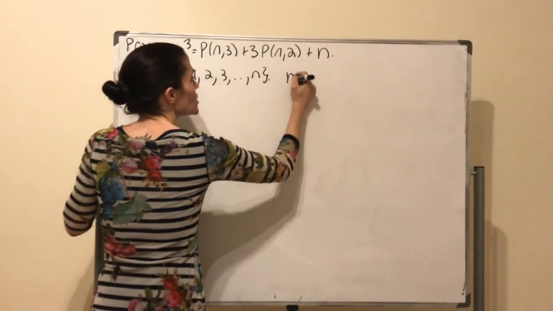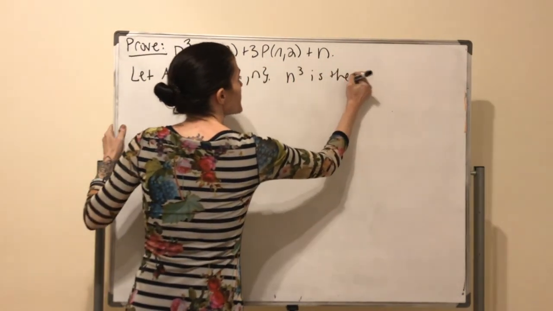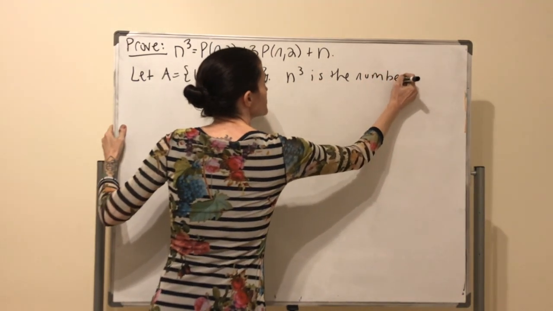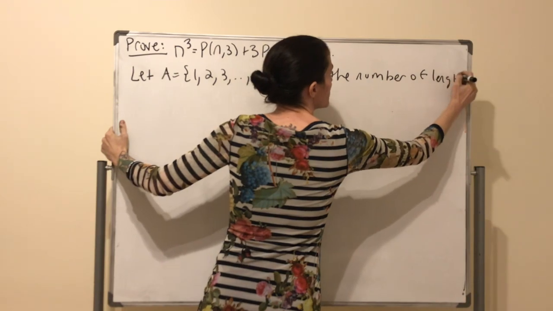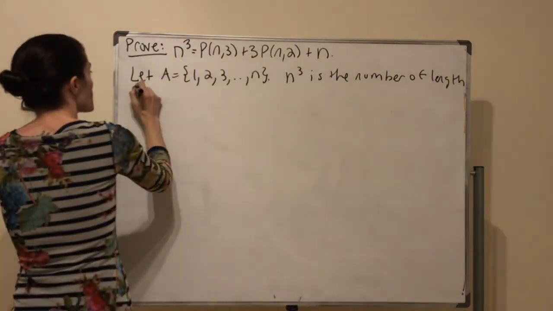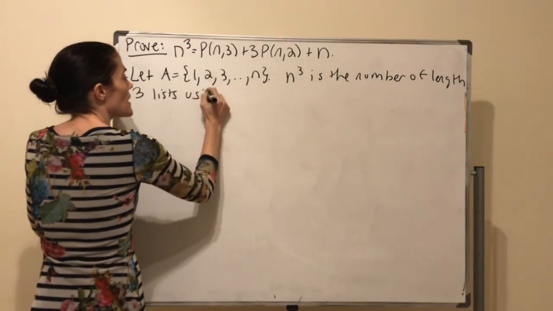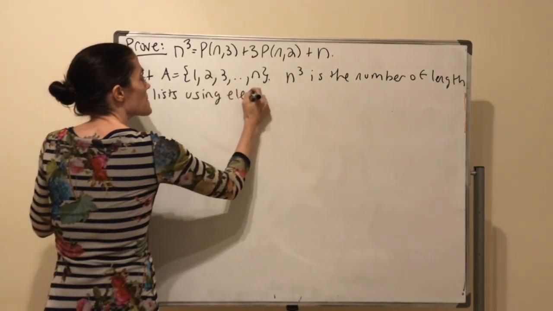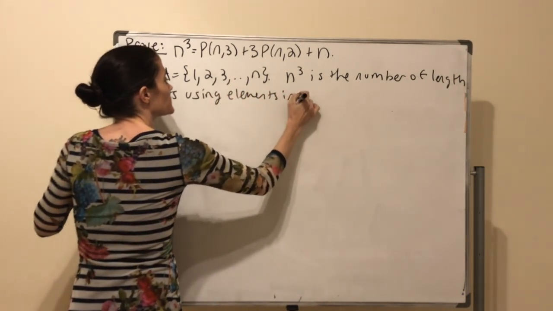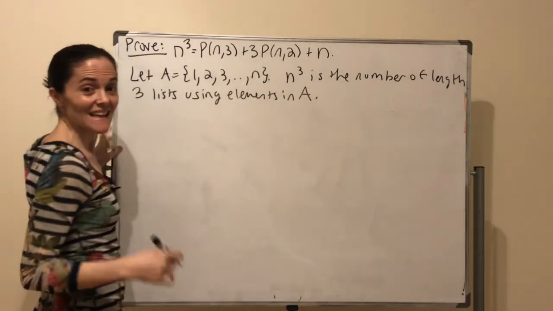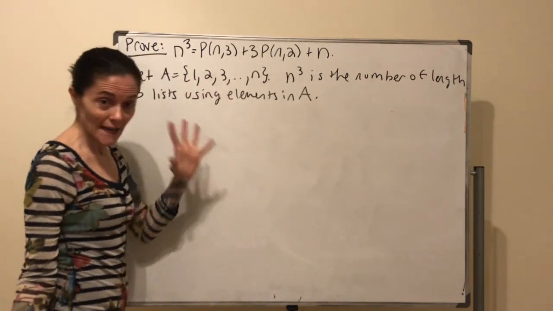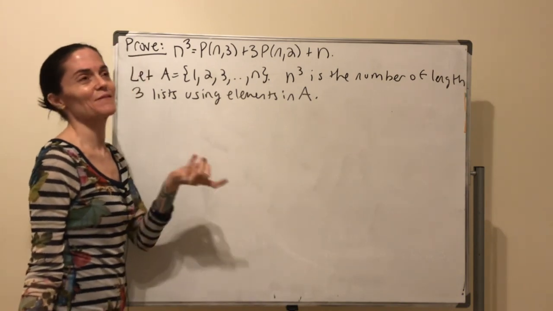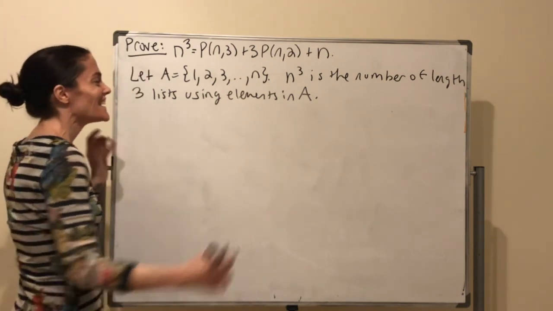And then n cubed is the number of length 3 lists using elements in A. Now we have the left-hand side. We need to argue why the right-hand side also counts length 3 lists with elements in A.